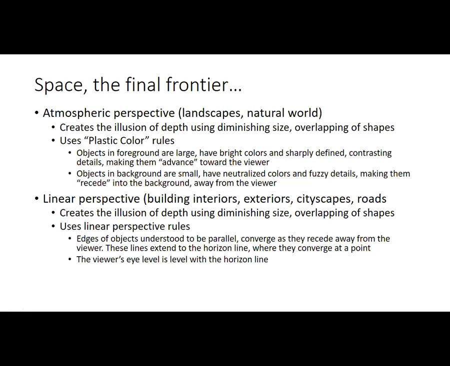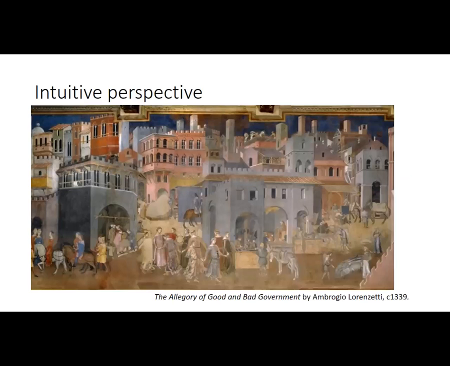And so everything that you look up at above the horizon line, you're actually looking up at it from down below. And so you usually see the bottoms of things. When you look at something that is below the horizon line, you're usually looking down at it from up above. And so you can see the tops of things, the tops of boxes, the tops of objects, because they are below the horizon line. And we will look at all of this stuff in just a minute. That was a big first slide.